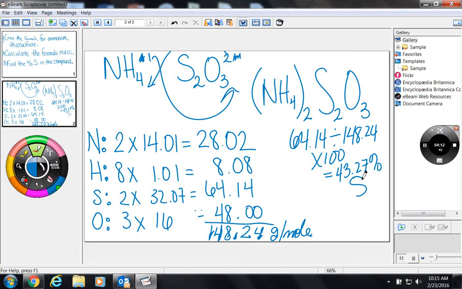All right, what you got? Do we always learn to do that question? Yes. You cannot use the number right here, which is the mass of one of an element. You have to use the number on this side of the equal sign. Okay? What you got? For H, how'd you get 8? 4 times 2.